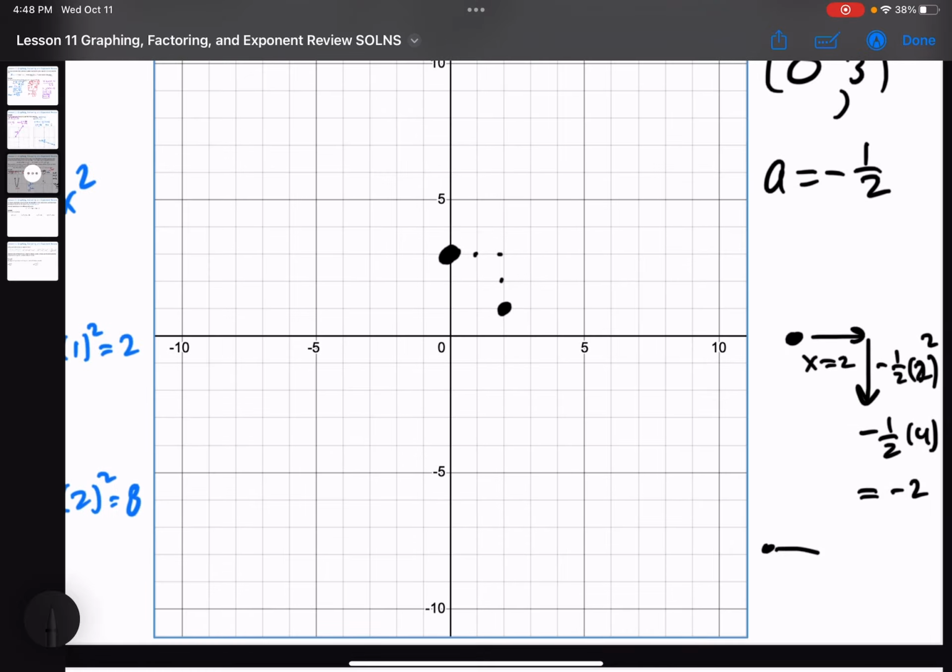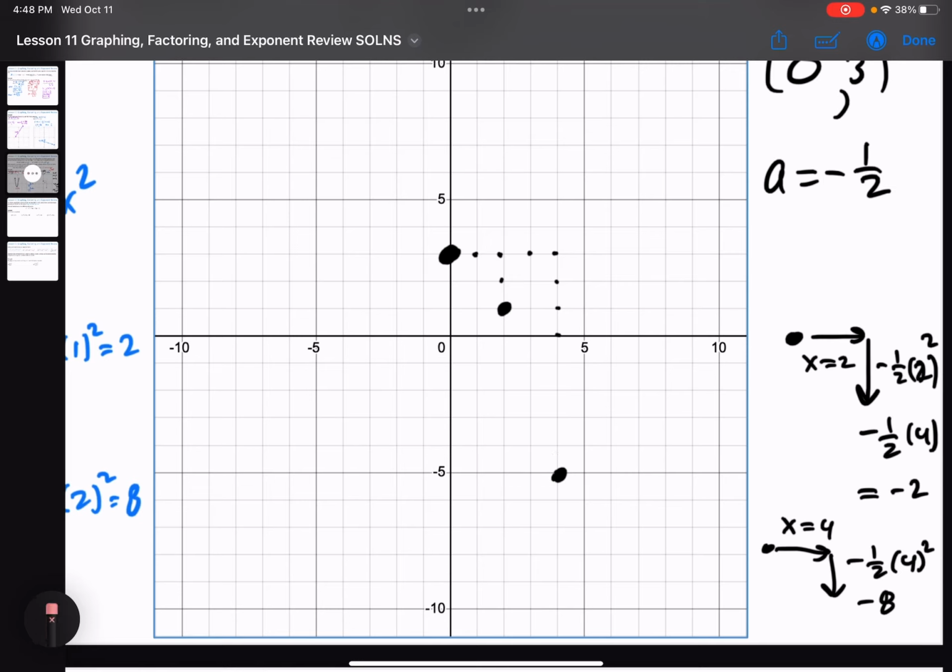So the next point I'm going to pick is if x is equal to 4, we're going to go down negative 1/2 times 4 squared. 4 times 4 is 16, and 16 times negative 1/2 is negative 8. So if I go over 1, 2, 3, 4 units, I'm going to have to go down 1, 2, 3, 4, 5, 6, 7, 8 units.